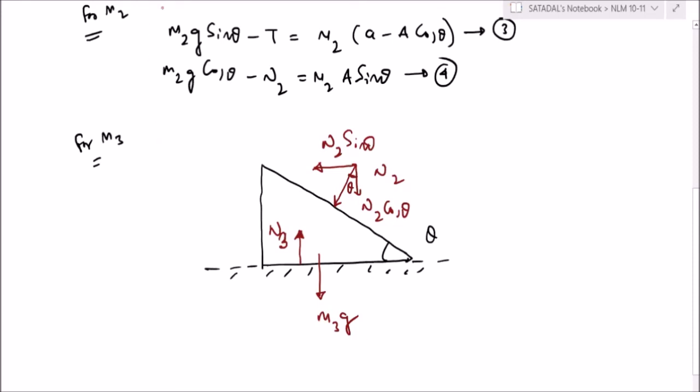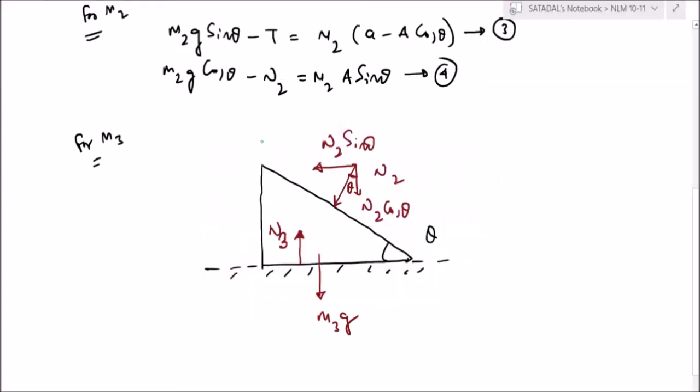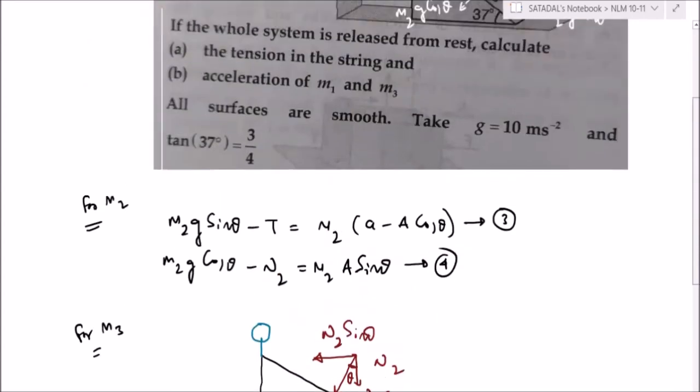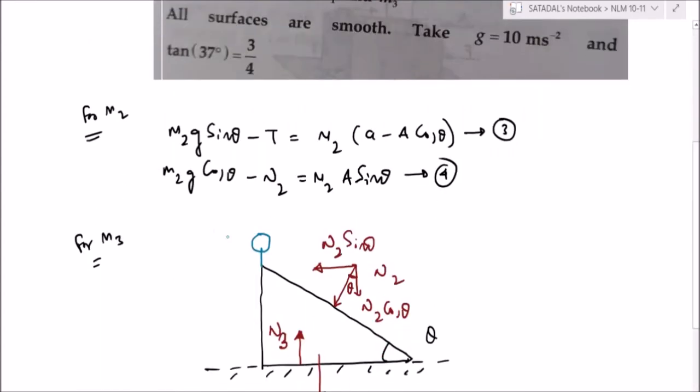Okay, wait, hang on. One more thing is that there is a twist in the story. Pulley is there. Can you see? So for the pulley, what is the direction of tension? One tension is in this direction, another is in this direction. All right. So this will be theta.